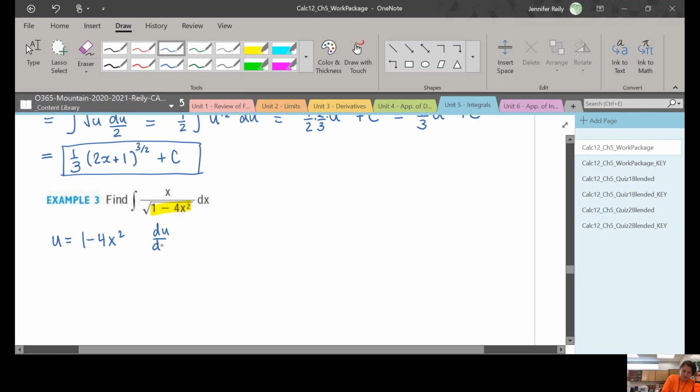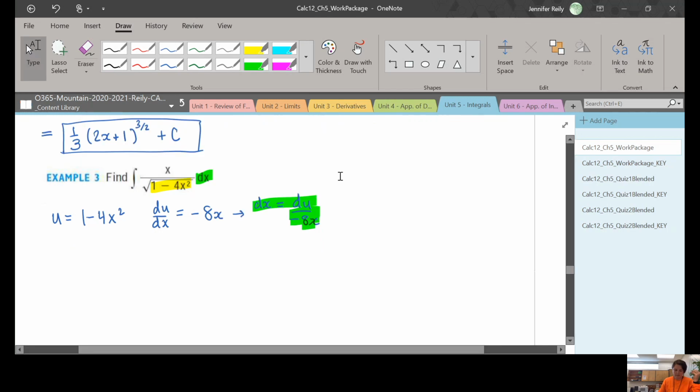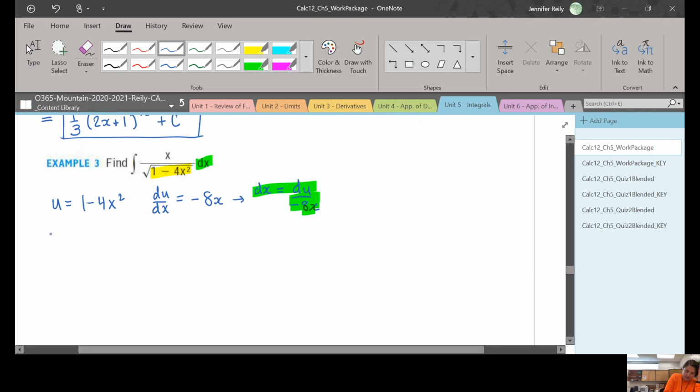du by dx would be negative 8x. Remember, you cross multiply, so dx would be du over negative 8x. So that's what I'm going to sub in for dx. So I'd get, this x is still going to remain there, don't worry about that, over root u.